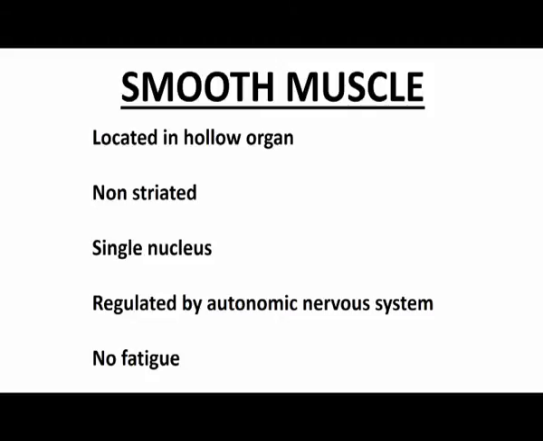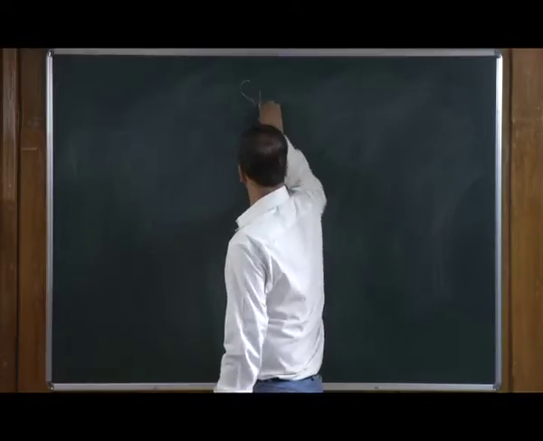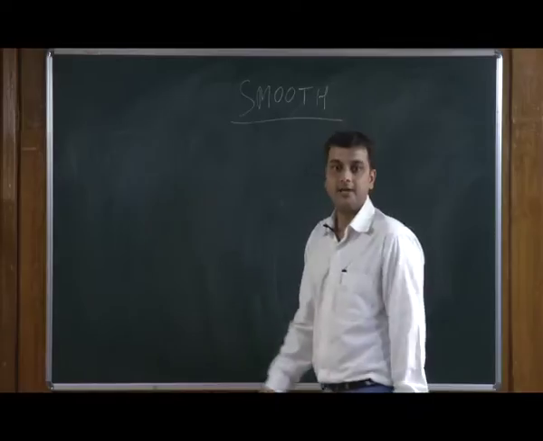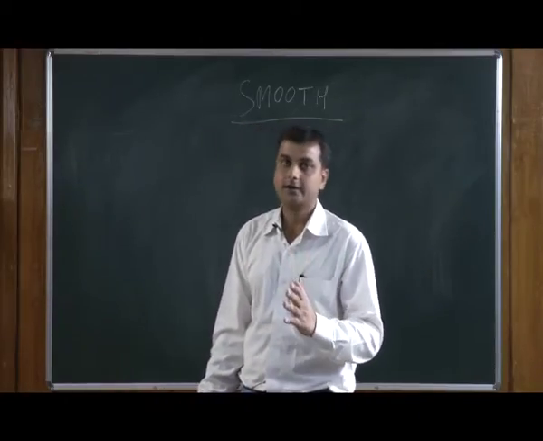Try to understand here that smooth muscles are located in hollow organs, they are non-striated, they have a single nucleus, they are regulated by the autonomic nervous system, and they do not have any phenomenon called fatigue. So, we will see one by one. Now, we will discuss smooth muscle. The first point we discuss is that they are located in the hollow organs of the body.